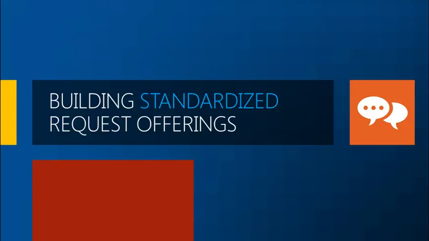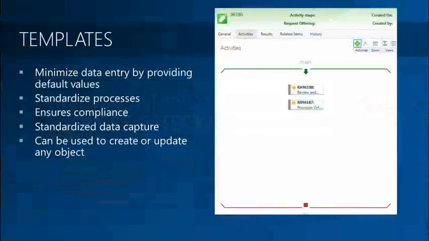Hello, everyone. I think you can hear me. Okay, so let's talk about how to build a request offering, given that information that's been imported in from Orchestrator and Virtual Machine Manager. In Service Manager, we have templates for the work items.